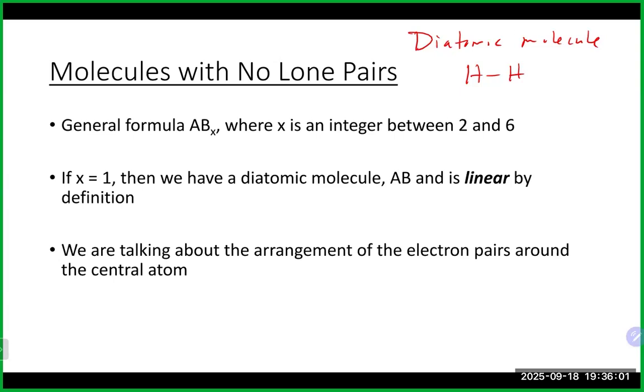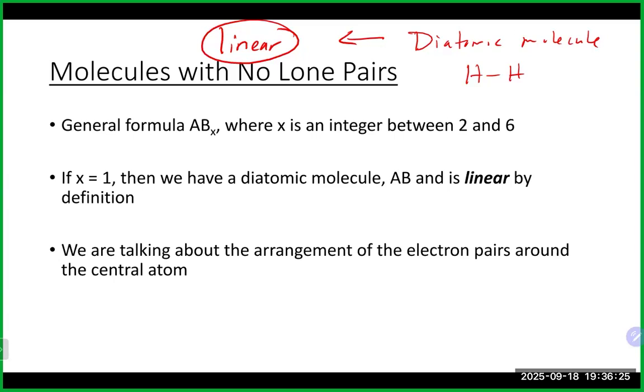If you just have 2 atoms, the only way you can connect them is a straight line. No matter what you do, that is the only way you can put 2 atoms together. So if you have a diatomic molecule and you're asked what is the geometry, you should put linear down and move on. Don't overthink it. There cannot be anything else.